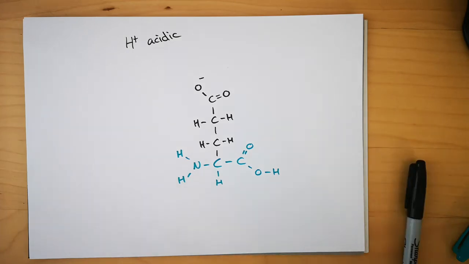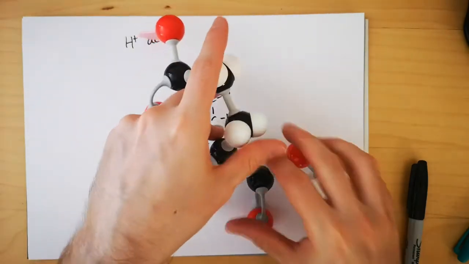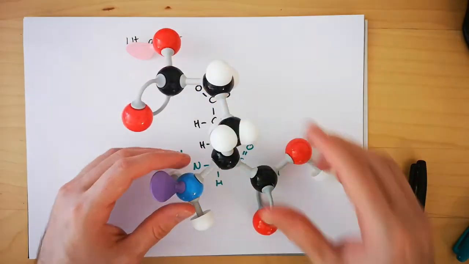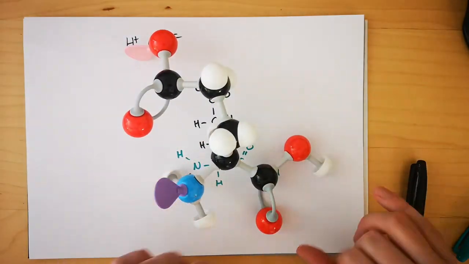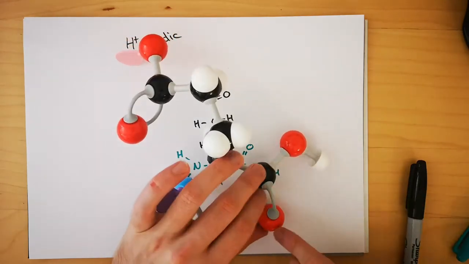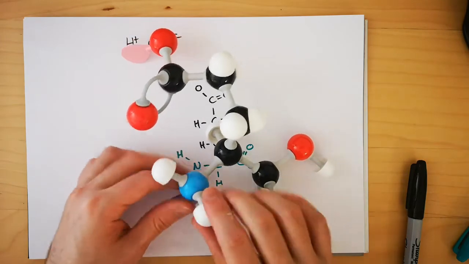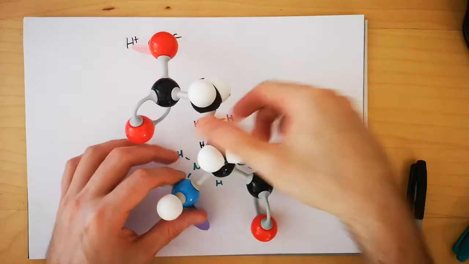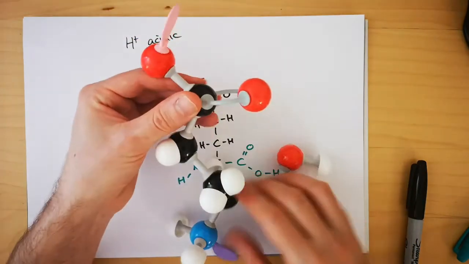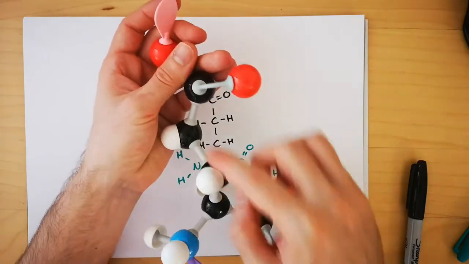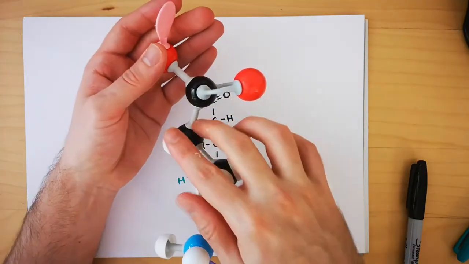So what I'd like to show you just very, very quickly is this is what we have got here. So this is our carboxyl functional group, and this is our amino functional group, and then we've got our R group. Now our R group has 2 carbons with hydrogens bonded.